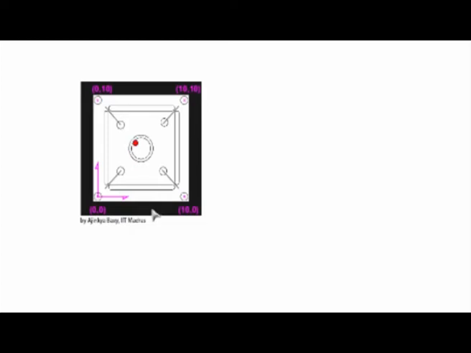To describe the motion characteristics of this carom ball, we wish to find x of t and y of t. Both x of t and y of t need to be determined. You cannot just say that you will determine only x of t. If the carom ball was moving only in this direction, then you could say it is x of t only. But since the carom ball has a motion of this kind, to describe its motion within this entire period of the game, you need both x of t as well as y of t.